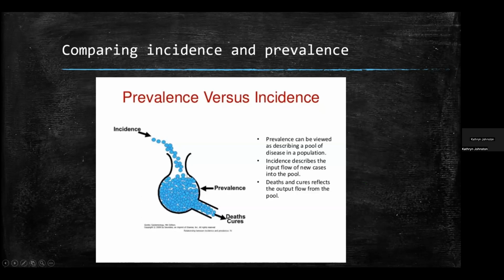And so this is what you would be counting if you were looking at incidence. But the prevalence is everything that's already in the pot. So the prevalence includes these new cases that are being dropped in, plus the ones that are still sick that haven't been cured. So the only way that prevalence drops is when there are cures or when there are deaths, and those ones then would exit from the vessel.